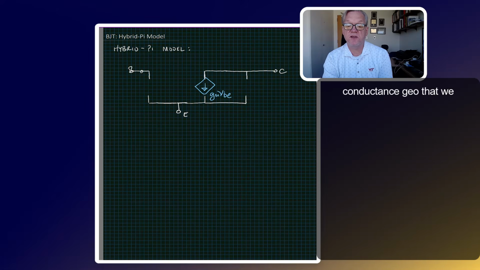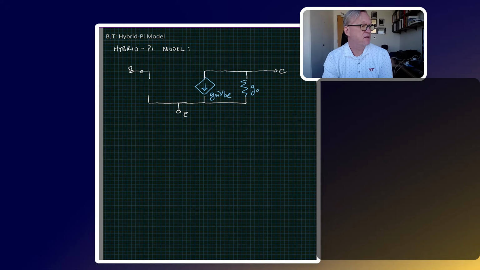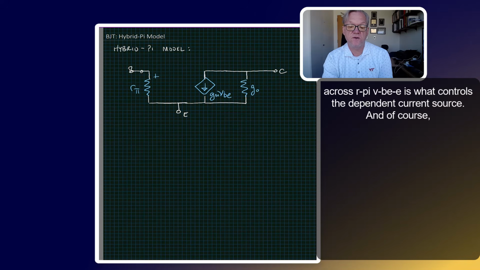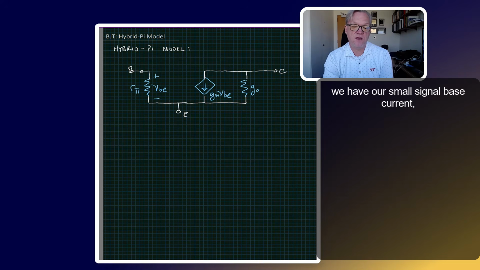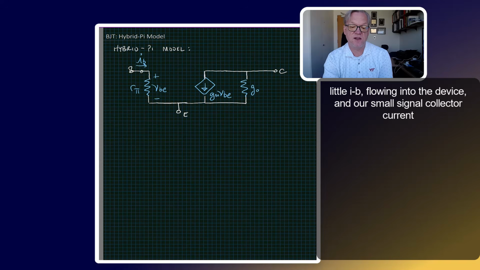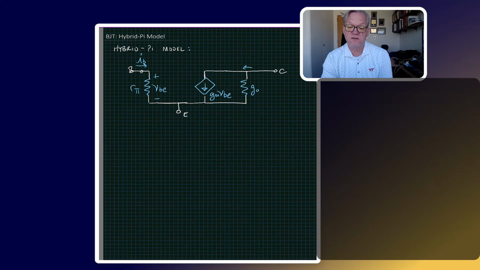We have the output conductance, GO, that we found before, and we also found the base to emitter resistance, R pi. The voltage found across R pi, VBE, is what controls the dependent current source. And of course, we have our small signal base current, little IB, flowing into the device, and our small signal collector current flowing through the collector.